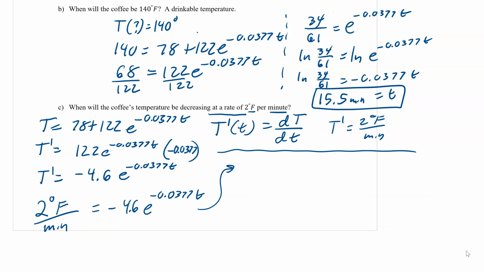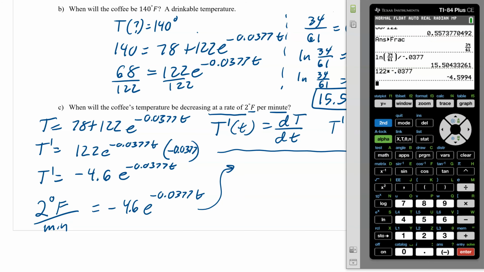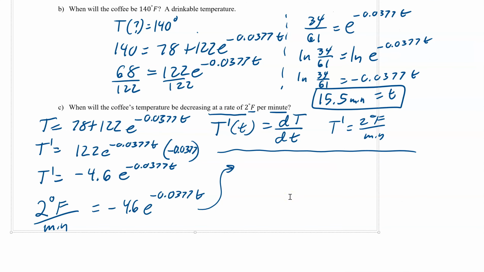All right. So now if we take 2 and divide it by negative 4.6, we get negative 10 over 23. And yeah, I'm going back and forth here. We're looking for the math behind this, not the significant figures.